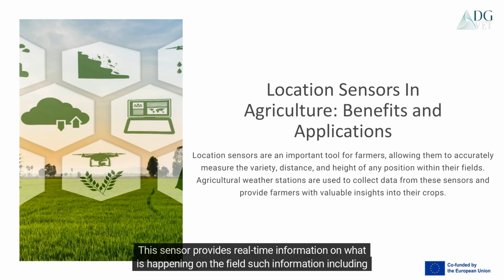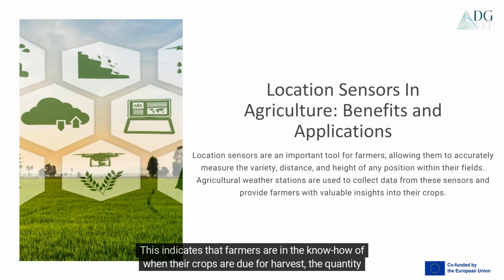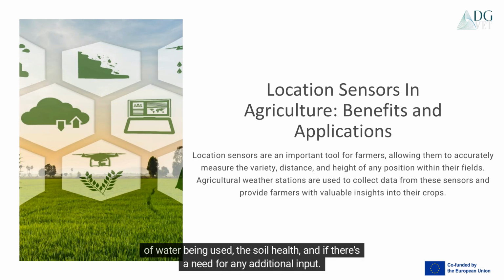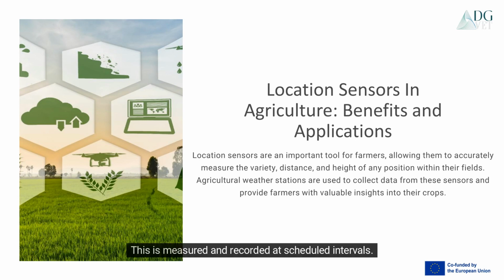This sensor provides real-time information on what is happening on the field, such information including air temperature, soil temperature at various depths, rainfall, leaf wetness, chlorophyll, wind speed, dew point temperature, wind direction, relative humidity, solar radiation, and atmospheric pressure. This indicates that farmers are in the know of when their crops are due for harvest, the quantity of water being used, the soil health, and if there's a need for any additional input. This is measured and recorded at scheduled intervals.